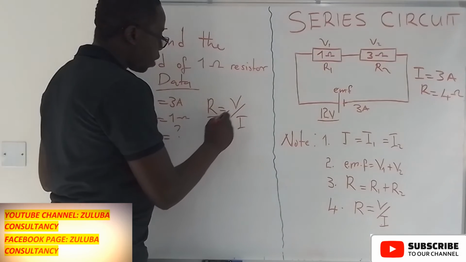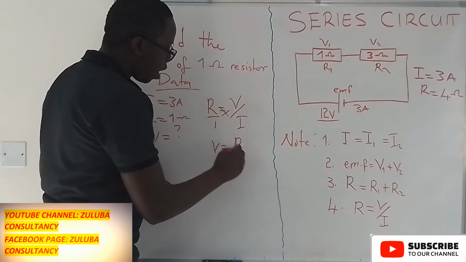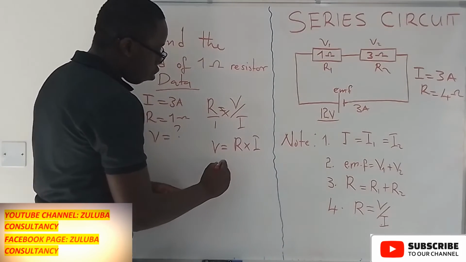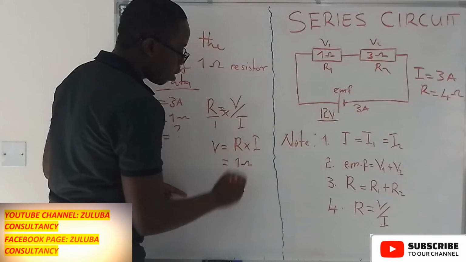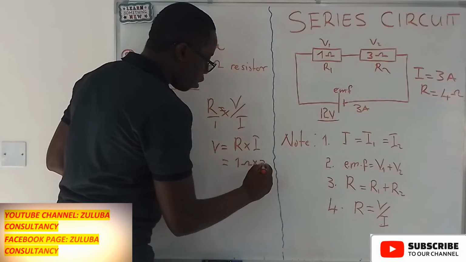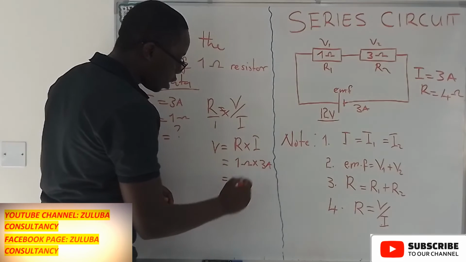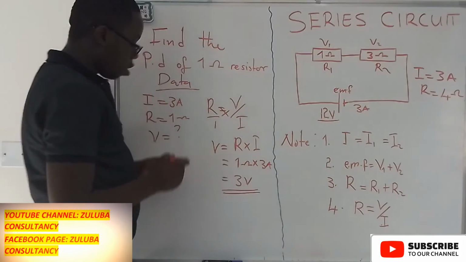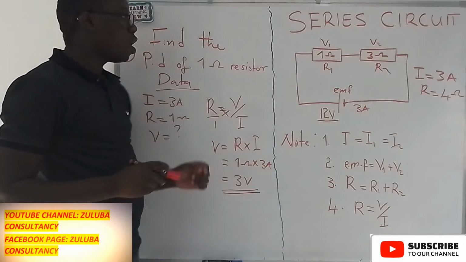So we'll cross multiply and we'll have V is equal to R multiplied by I. So what is our R? It is 1 ohm. Then we are multiplying this with 3 amps. 1 multiplied by 3, we are getting 3 volts. So this becomes the potential difference at resistor 1.